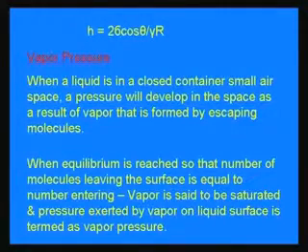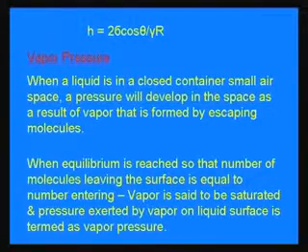Vapor pressure takes place when a liquid is in a closed container, say, if there is a small air space, a pressure will develop in the space as a result of vapor that is formed by escaping molecules.